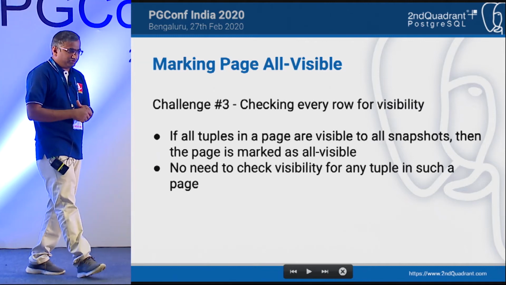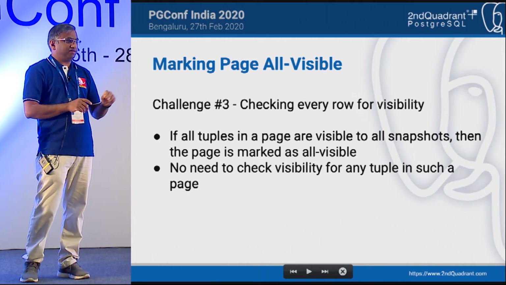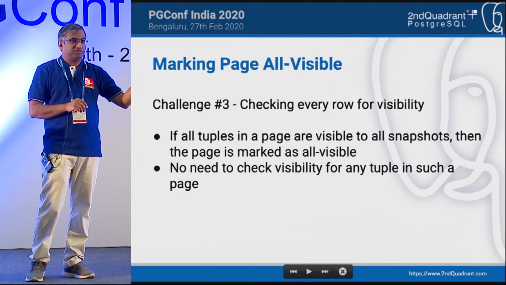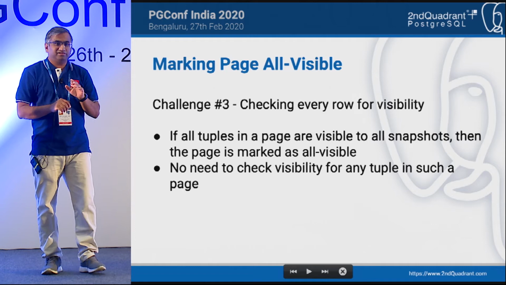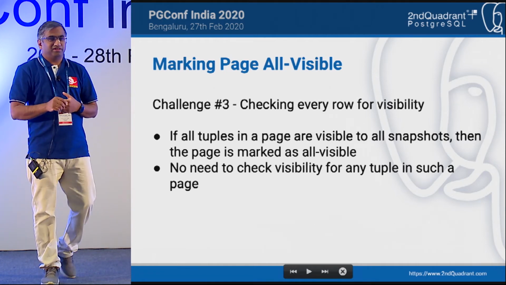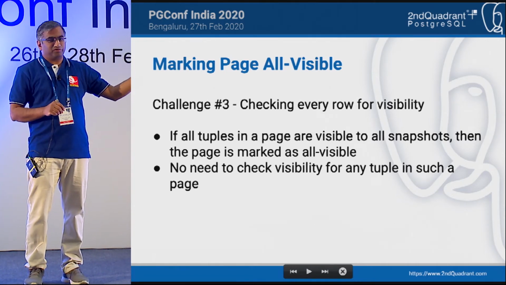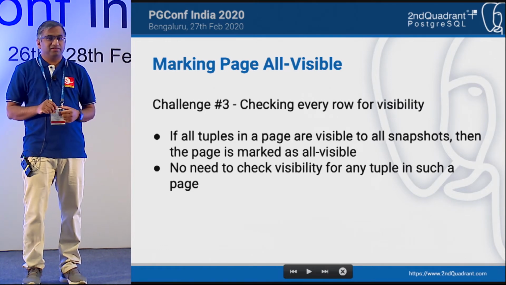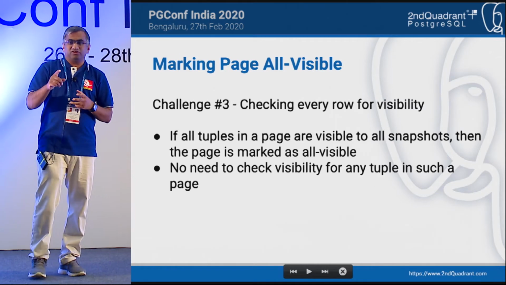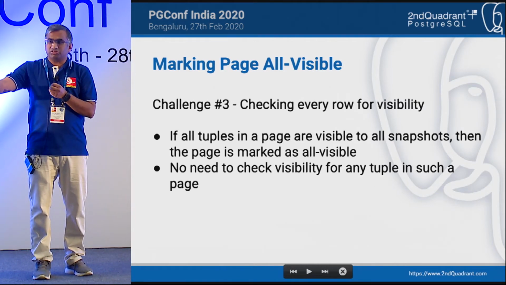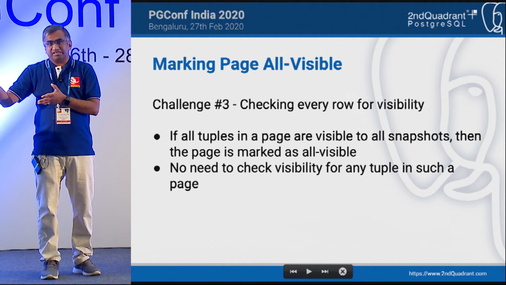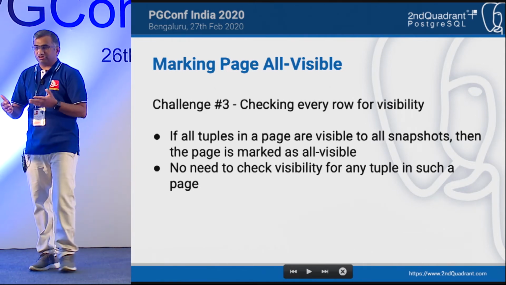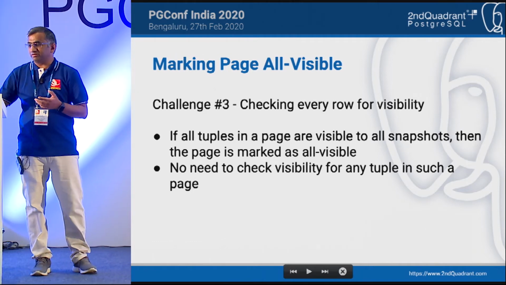The third challenge that we talked about is that MVCC scan has to go through each row and decide whether it's visible or not. And that's not an easy operation because you have to figure out what is the XID of the inserting or committing transaction, xmin or xmax, and then go and look up some other place to find out whether that transaction eventually committed or not, and that was a very costly operation.